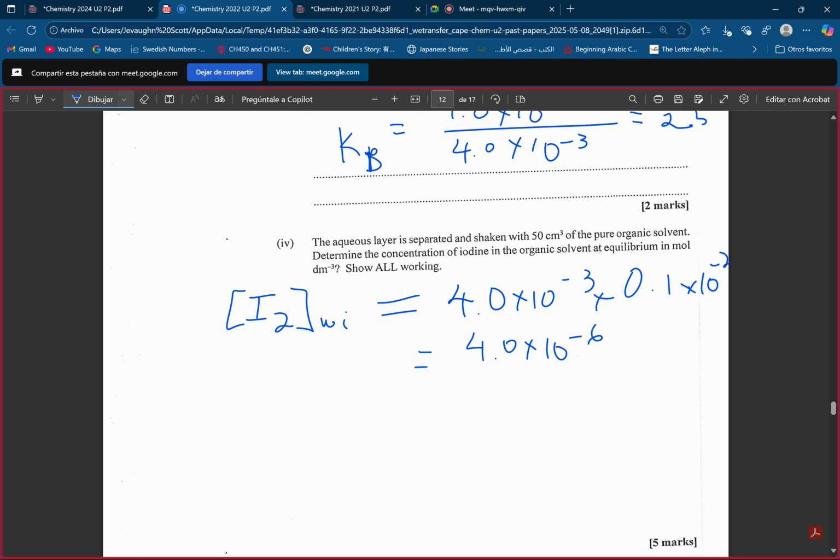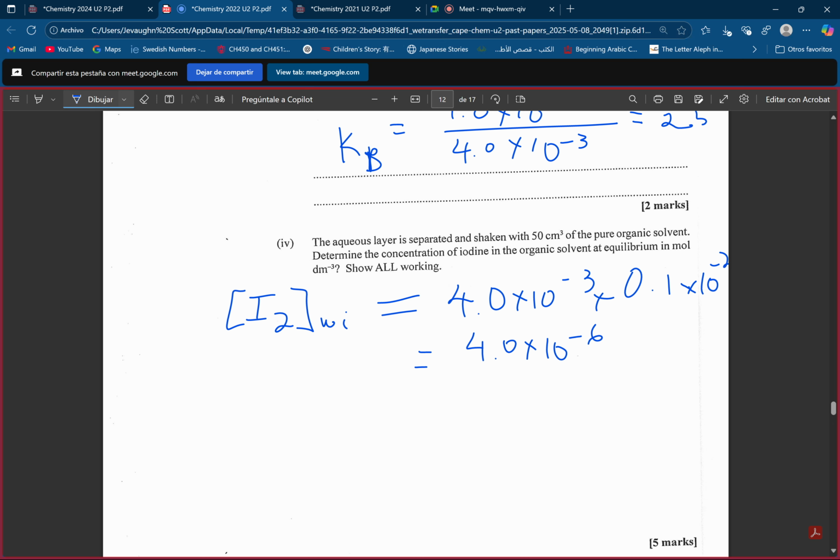The aqueous layer is taken, separated, and shaken with 50 cm³ of pure organic solvent.